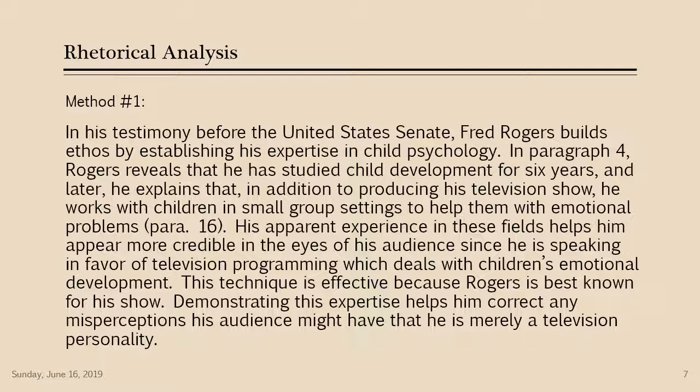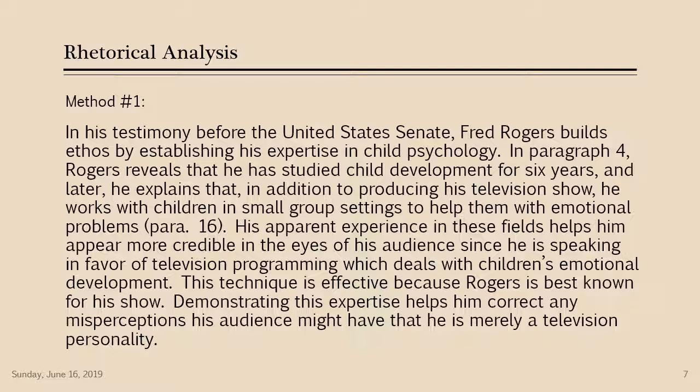Here's an example of that first method that starts with the appeal. In his testimony before the United States Senate, Fred Rogers builds ethos by establishing his expertise in child psychology. In paragraph 4, Rogers reveals that he has studied child development for 6 years, and later he explains that, in addition to producing his television show, he works with children in small group settings to help them with emotional problems. And that's from paragraph 16.